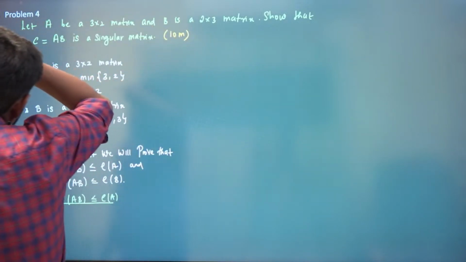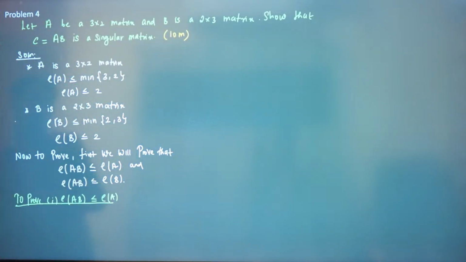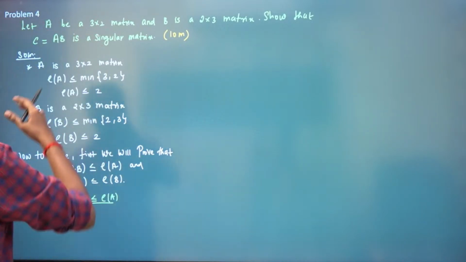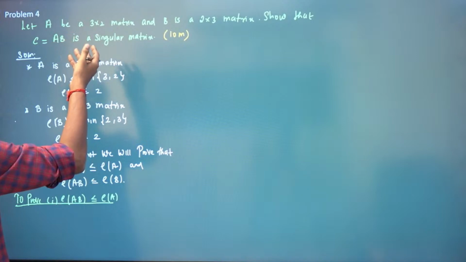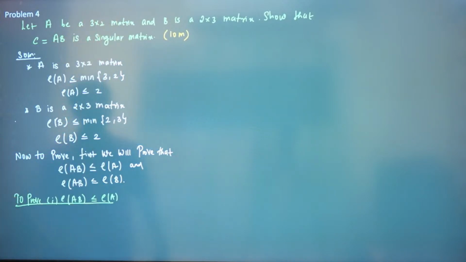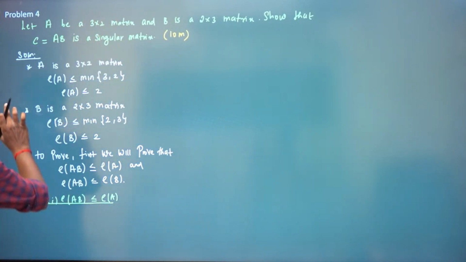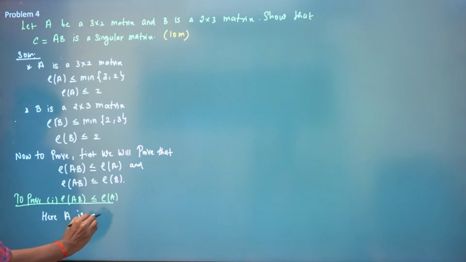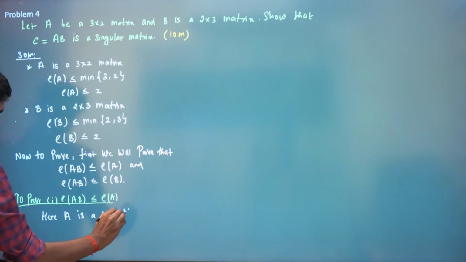Now you can see, we have A to be 3 cross 2. Can I assume A to be some general matrix? We'll start here itself. Here A is a 3 cross 2 matrix.